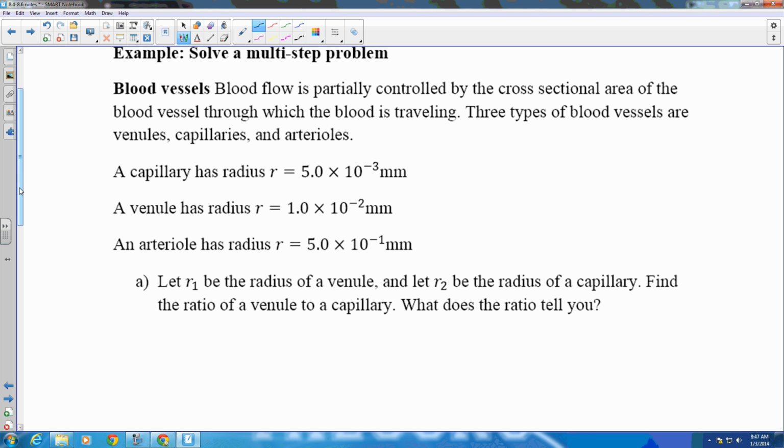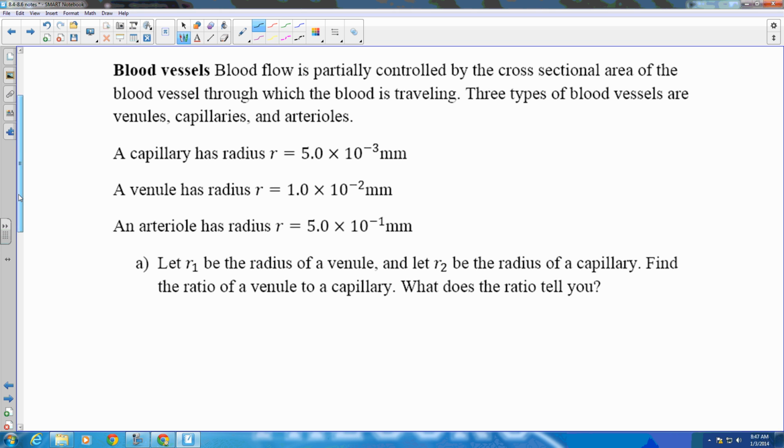A capillary has a radius of 5.0 times 10 to the negative 3. Venule has 1.0 times 10 to the negative 2. And artery has 5.0 times 10 to the negative 1 radius. So if R1 is venule, R2 is capillary, find the ratio. So the ratio of R1 to R2, venule to capillary.